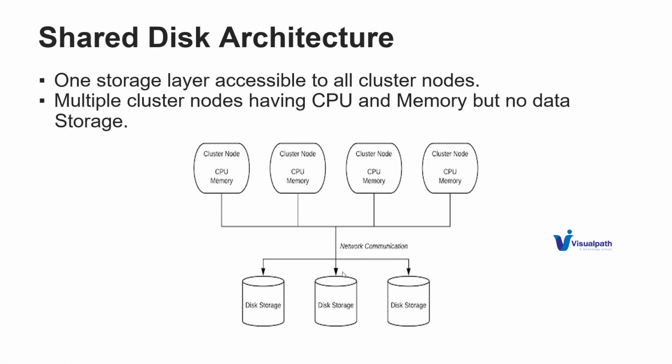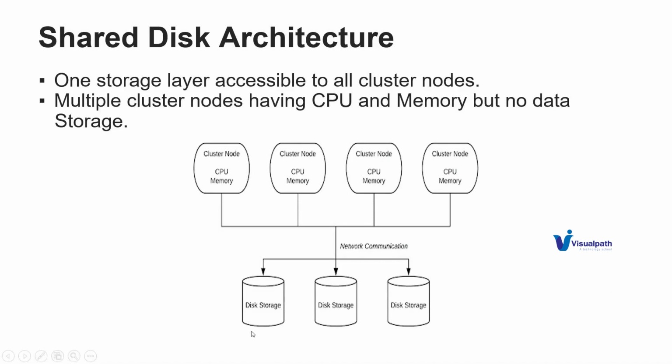Even 10 compute resources can access the data from any of the disk storages, because it's distributed: whatever data is available in disk storage one is the same data available in disk storage 2, and again the same in disk storage 3. So any compute resource can access any disk storage data, because the complete data is replicated in all the disk storages. So what is the use of it?